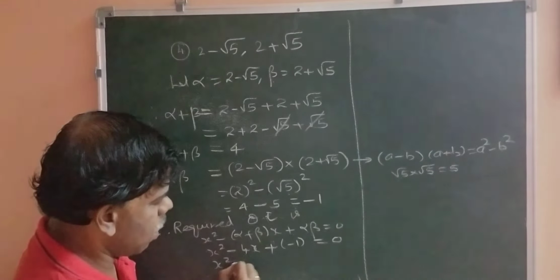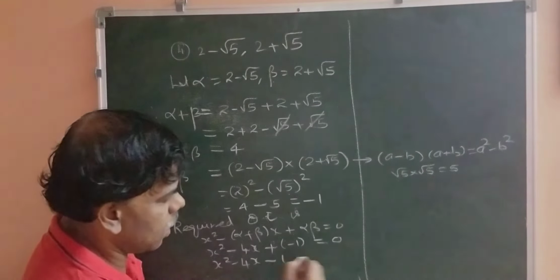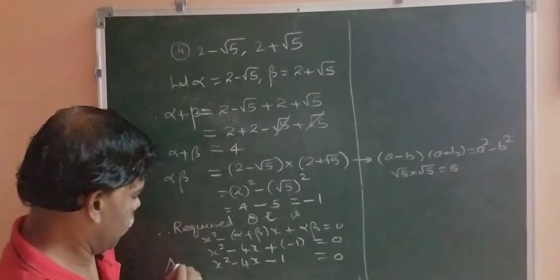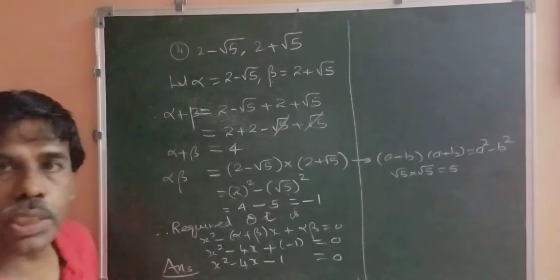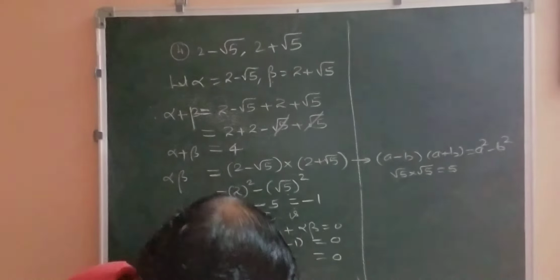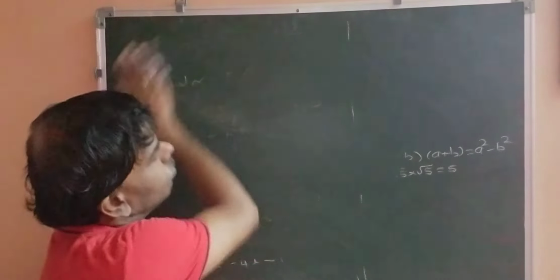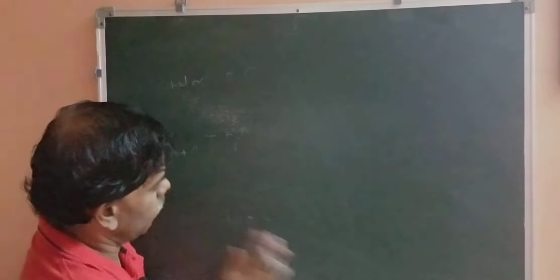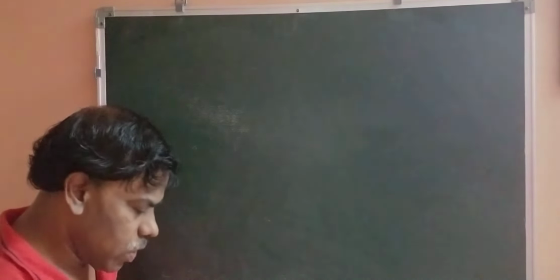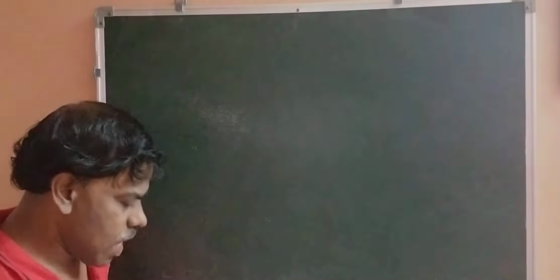So x square minus 4x minus 1 equal to 0. This is the answer you have got. Okay. Now we will do some more interesting sums. Now the fifth sum. It is very important.